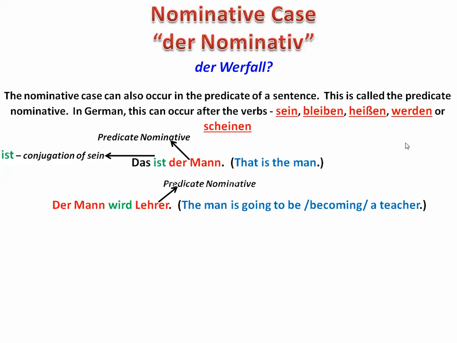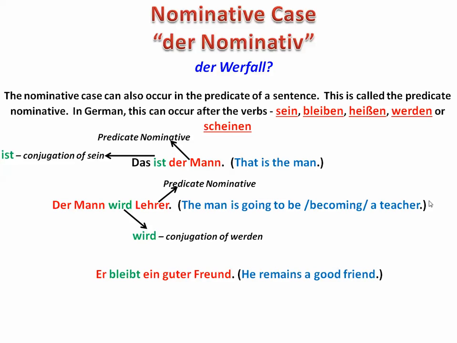So the man is the subject, and we're coming after a form of the verb werden here, wird, but another way to distinguish the predicate nominative for the verbs and when it occurs after bleiben, heißen, werden, and scheinen is to think, is the subject of the sentence and the object of the sentence the same? So in this case it is, and when that's the case, it's a predicate nominative.